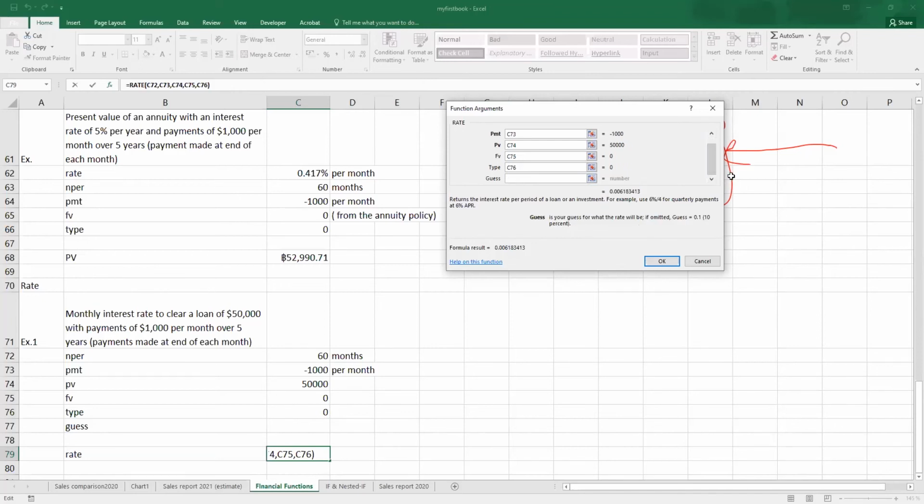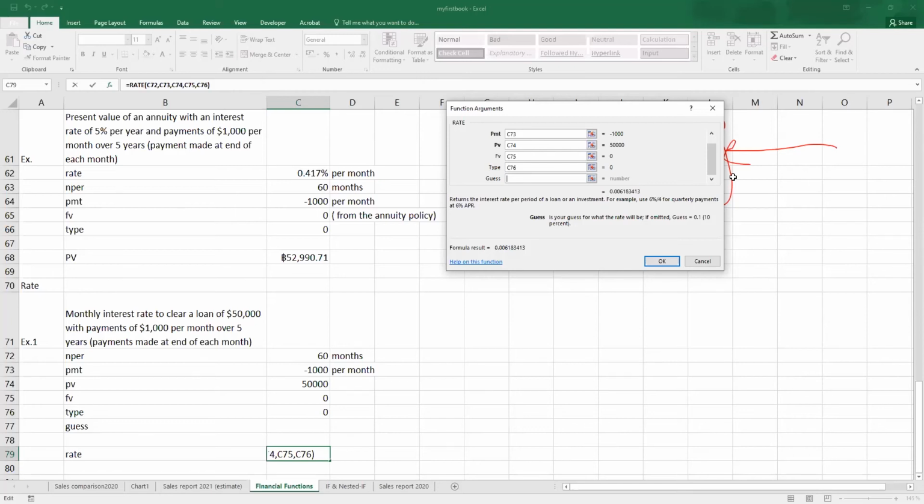But for some other functions you have to check thoroughly. In this example, the guess argument is the guess for what the rate will be. If you omit the guess, it will be put as 0.1, or 10%, automatically.